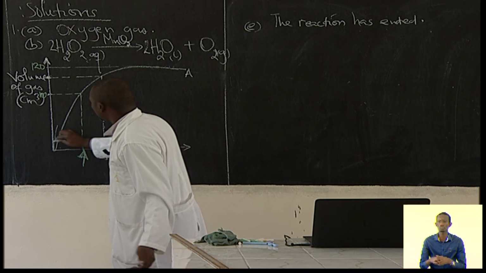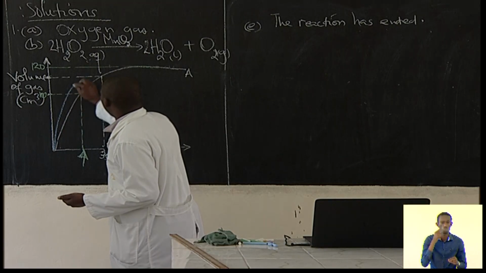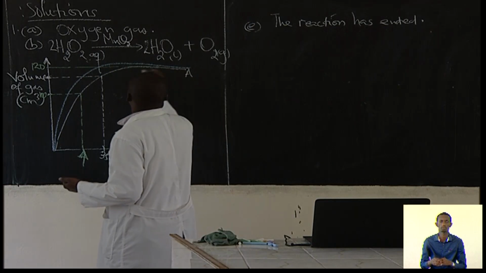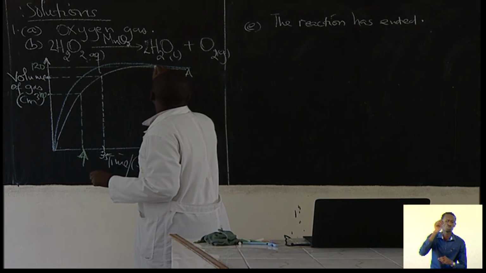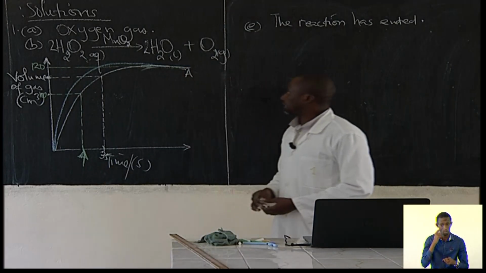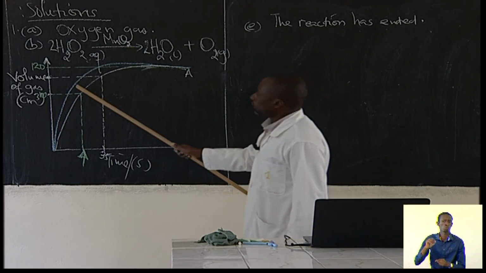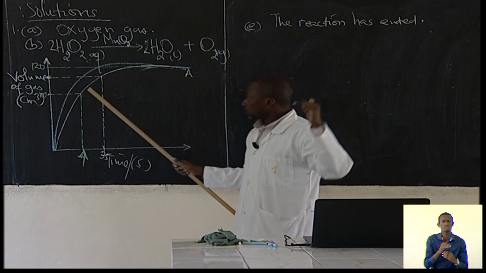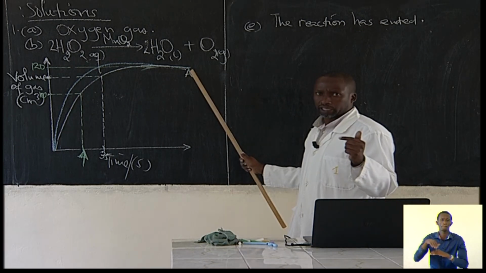So it is the same. The reaction starts at the same time, but this one is occurring much faster. So this one moves in that case. So when you have such a case, this one is much faster than this one, and these reactions are all ending at the same time.